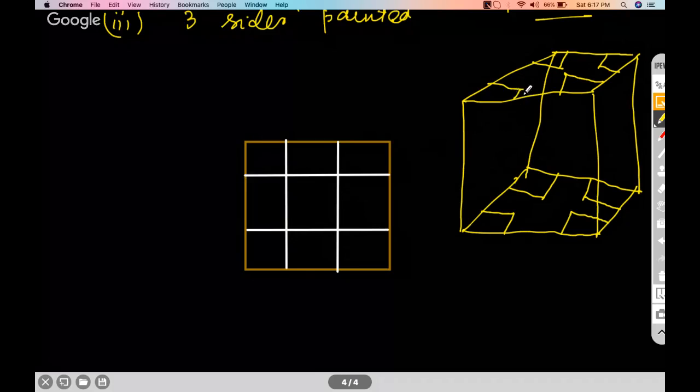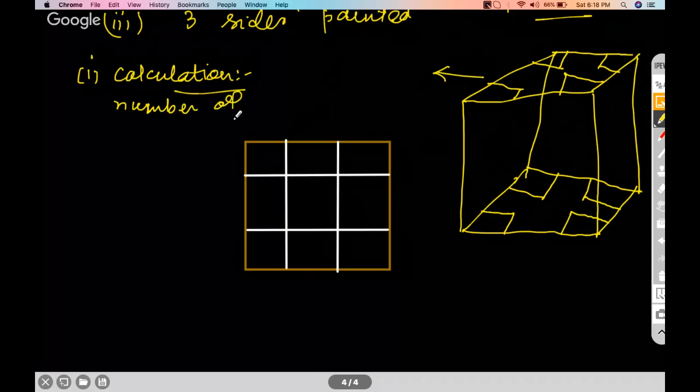What I have done is I've drawn a particular cube on the screen now. First let me calculate how many smaller cubes are possible. So first calculation is the number of smaller cubes.